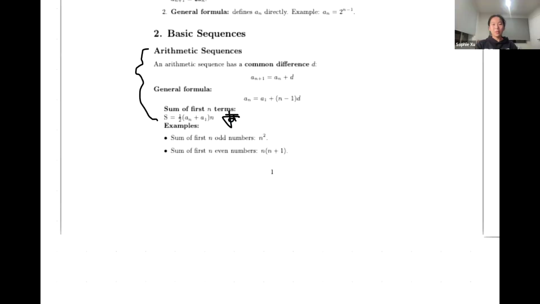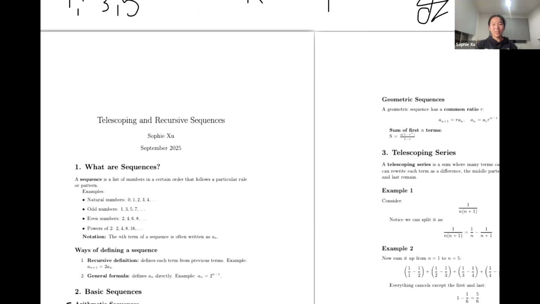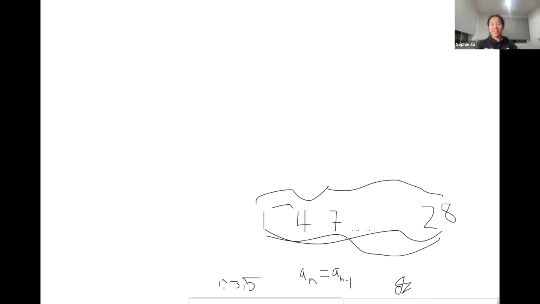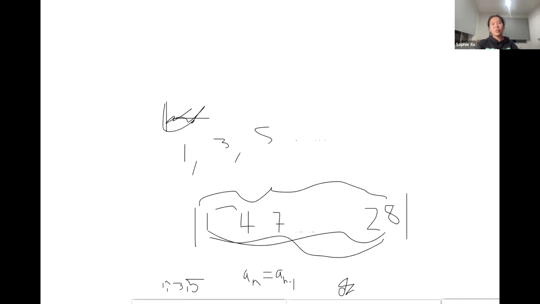So can you find this? This is a set start and end, right? But can you find the sum of the first n odd numbers? Which is 1, 3, 5, all the way to 2n minus 1.